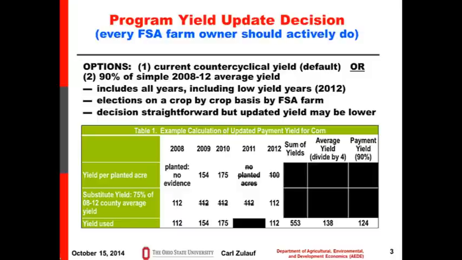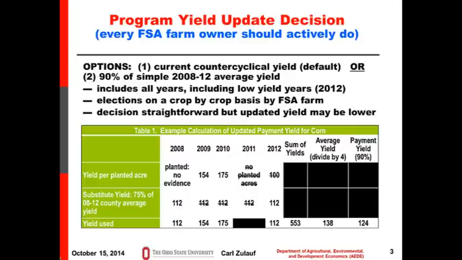If you can't verify the yields, then you will basically have no planted evidence for that year. If you cannot provide documentation or decide that you cannot provide documentation, the yield for that year would then become 75% of the county average yield or the replacement yield.